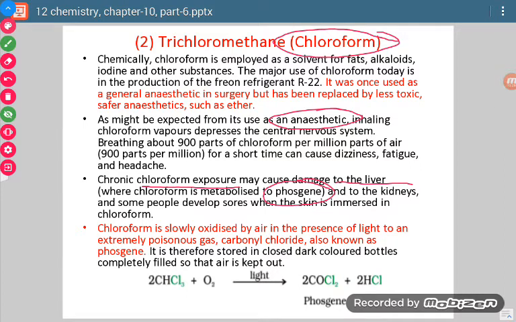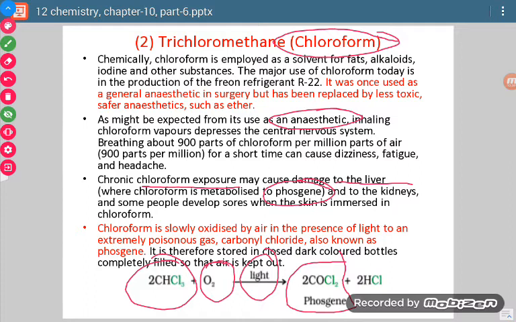Now see the reaction. This is chloroform. When it reacts with oxygen in the presence of light, there is formation of phosgene. COCl2 is phosgene gas, a very poisonous gas. So when we have to keep chloroform in a bottle, two things are to be kept in mind.